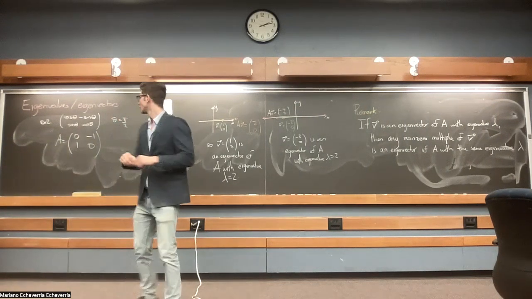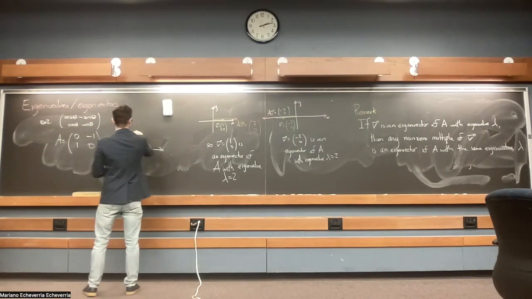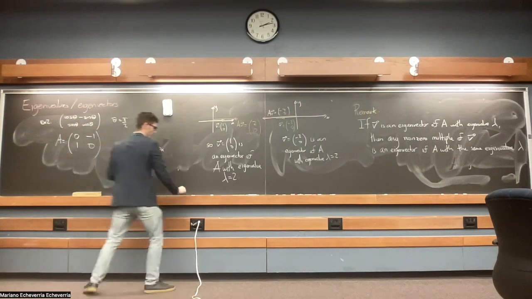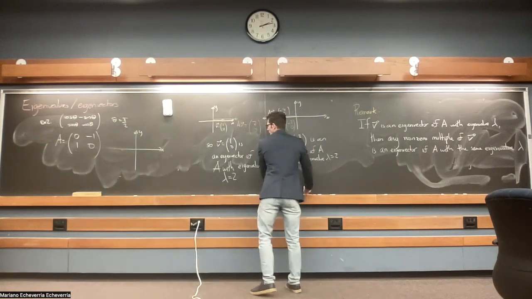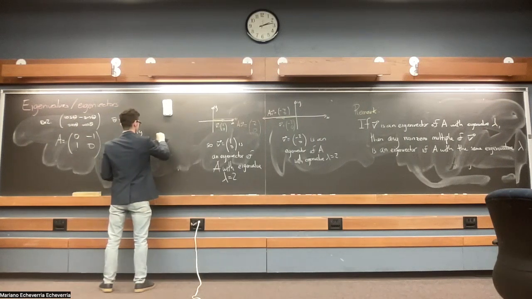Okay. So pictorially, what's happening here is that this rotation matrix takes a vector v and rotates it counterclockwise by 90 degrees.